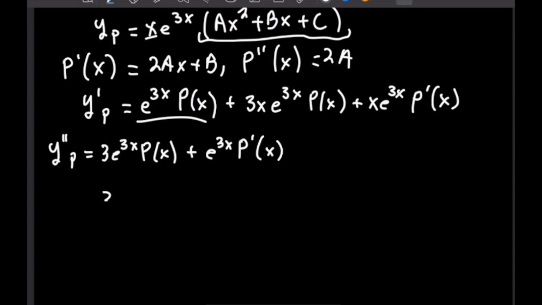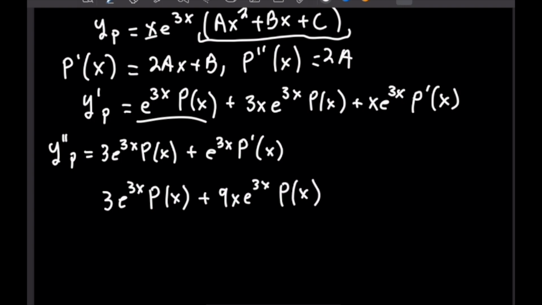So we'll get 3 times e to the 3x times p of x. Then moving on to our e to the 3x term, we'll have plus, that 3 will come down, so 9x e to the 3x times p of x. And lastly, taking the derivative of our p of x, we'll have plus 3x e to the 3x times p prime of x. So that finishes the derivative of that term.